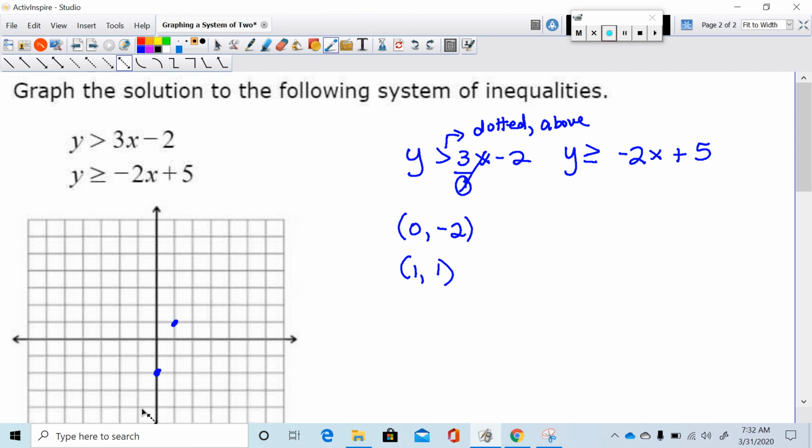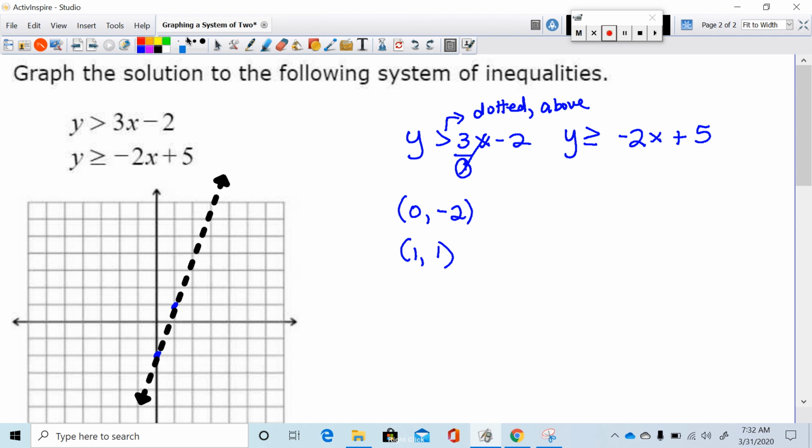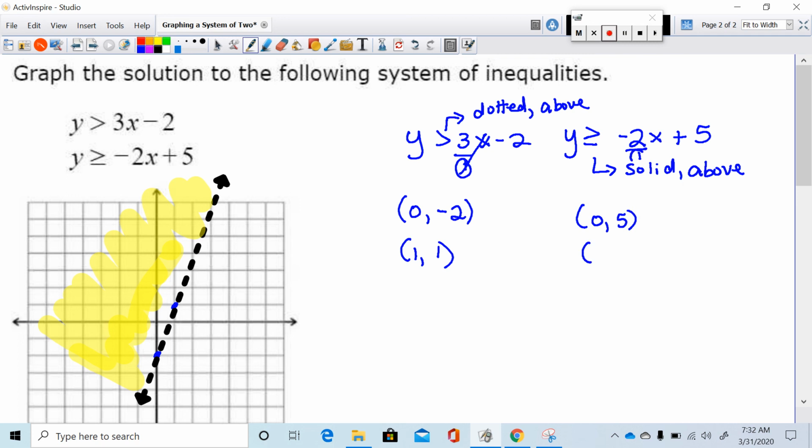So a dotted line, and I'm going to color above it. Above and on top of mean the same thing. Okay, so more or less like that. The next one is underlined, so I'm going to use a solid line. And it's greater than, so I'm going to color above it. Make a fraction. Okay, so I've got 0 and the number that doesn't have a letter attached. And then I have my denominator, scratching out the x.